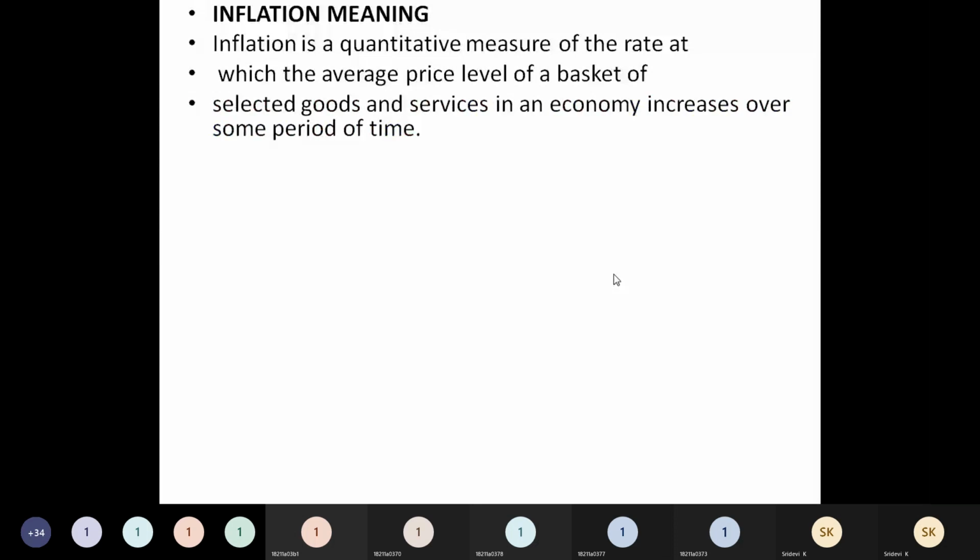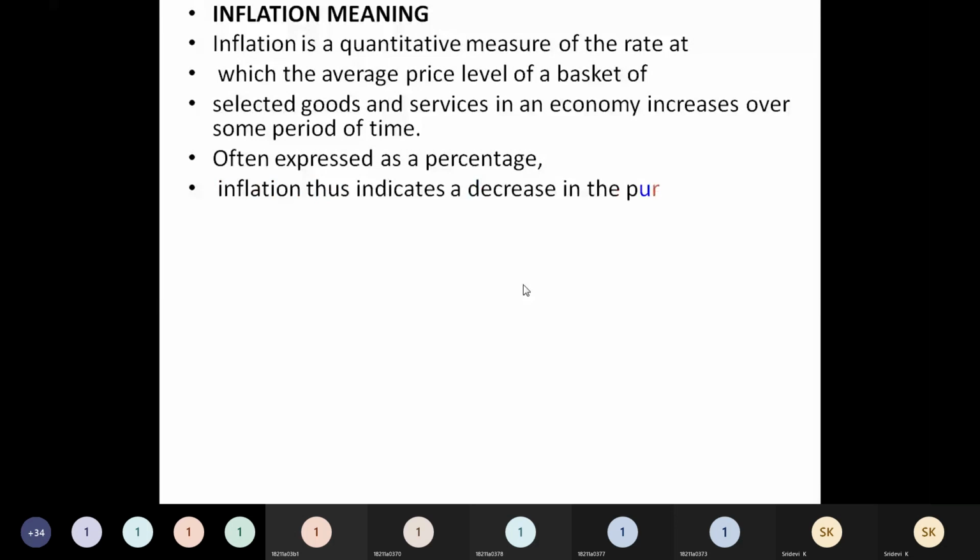Whenever the prices of not only the products, raw materials, etc., every price, every resource, will be increasing in an economy. So for a particular period, all the prices will go on increasing. This can also be expressed in terms of percentage.